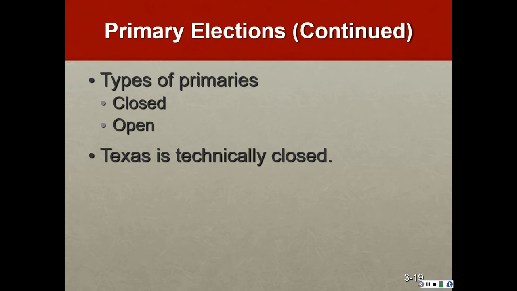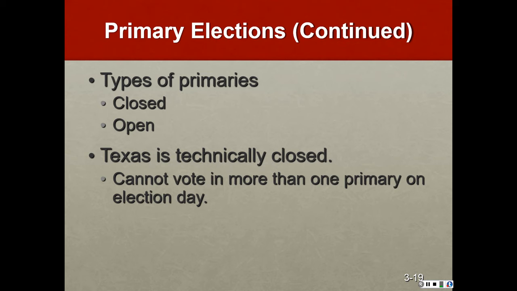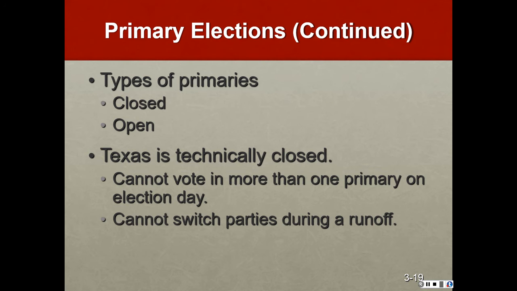Texas is technically a closed primary. You don't have to be a registered member, but what we mean by closed is you cannot vote in more than one primary on election day. So when you make your decision, that's the party you're going with. You cannot go vote in both the Republican and the Democratic primary. You can go vote in either one you want. You don't have to be registered, but you have to pick one and stick with it.